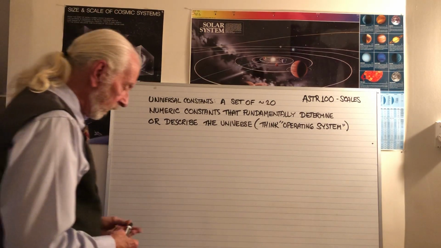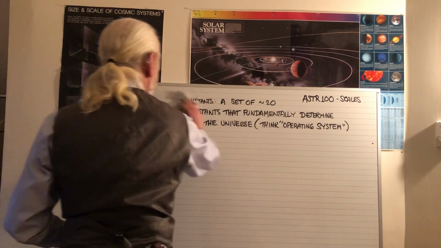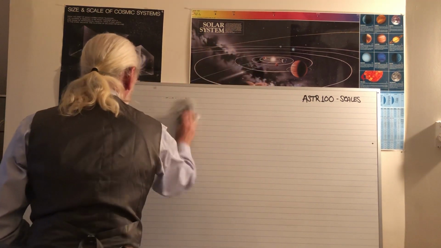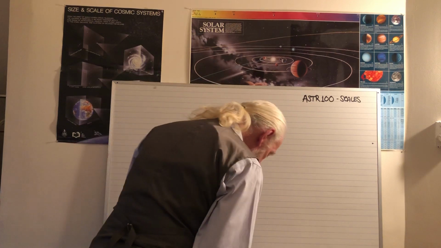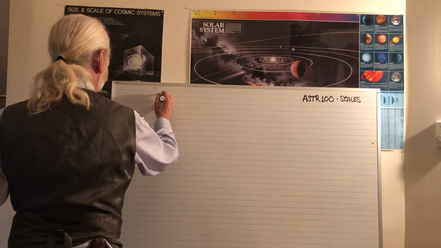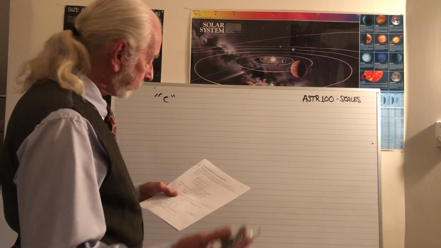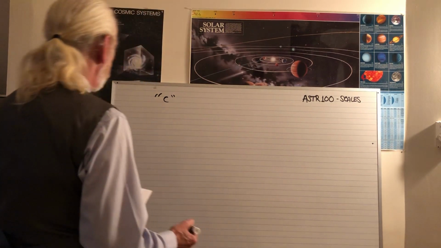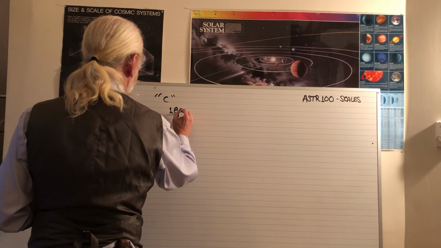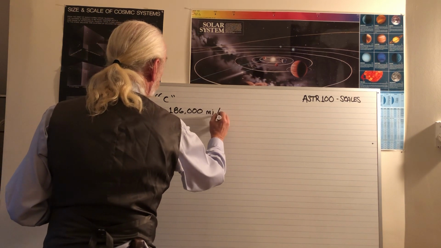All right, so let's talk about one that we are more familiar with. The speed of light, indicated by the letter C. All right, a couple of different ways that we measure that. One way is 186,000 miles per second.